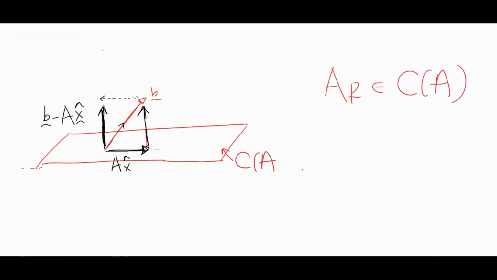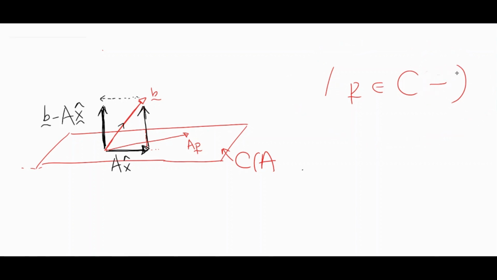If we want to draw AP, we draw it right here. Why is AP in the column space of A? This is obvious, almost by definition. So AP is definitely in the column space of A.